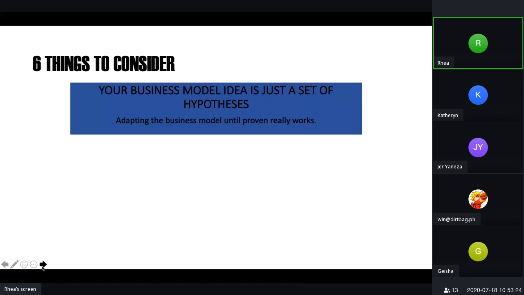So if we are crafting our business model canvas starting today until the succeeding days, these are just mere hypotheses for the time being. As you progress with your startup and your business, you can identify if those hypotheses really work. Otherwise, the word there is pivot.